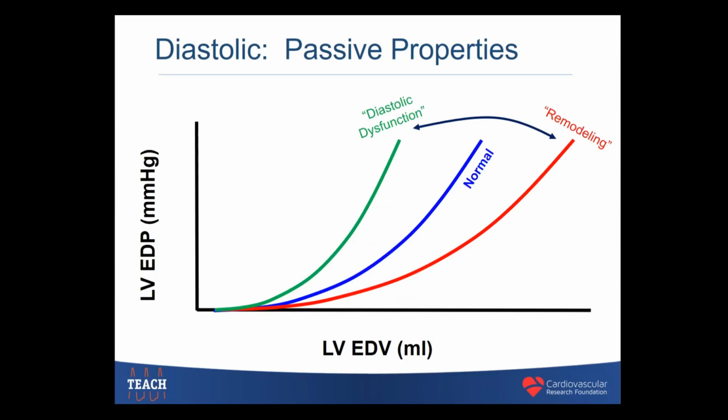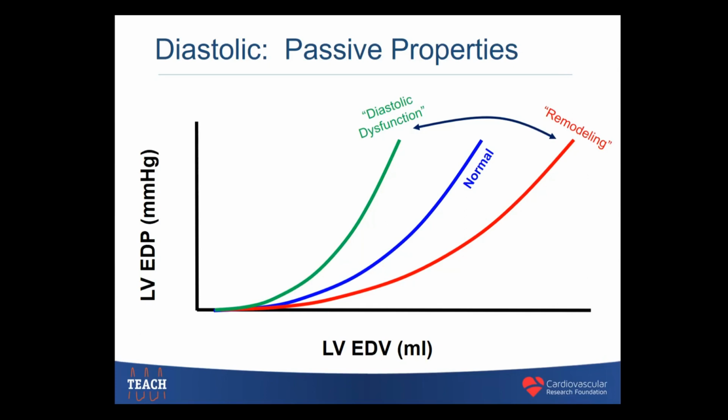So if we think about patients with a restrictive cardiomyopathy, or what we call HFpEF, a lot of times what we'll see is that they've shifted to the left, so that for less volume, they have higher pressures. So we say these are ventricles that have very high filling pressures, or even restrictive filling pressures. And with HFrEF, or heart failure with reduced ejection fraction, or dilated cardiomyopathies, a lot of times what we see is the opposite. So the heart dilates out, so that for any given pressure, there's actually more volume.